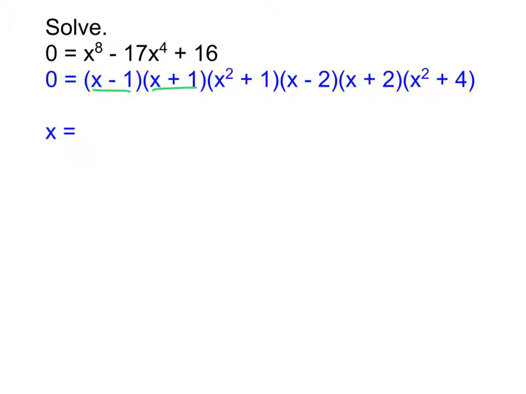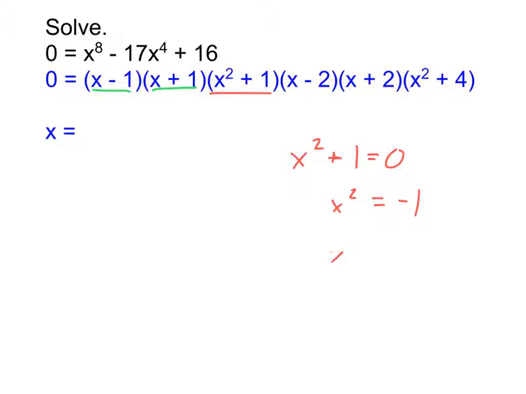What about the x squared plus 1? Can we solve that? Well, let's actually go ahead and do the algebra on it. What if I take x squared plus 1 and set it equal to 0? We'd subtract 1 from both sides, so x squared equals negative 1.